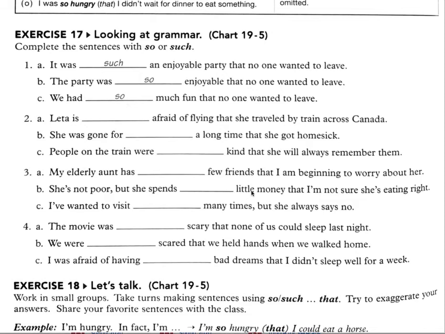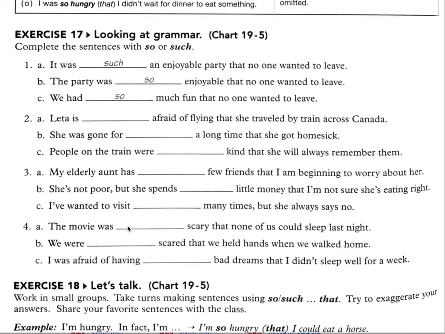Here, again, you have an expression of quantity. So your answer is going to be, so. Letter C. I've wanted to visit blank many times, but she always says no. Again, you have an expression of quantity, many, so you're going to say so.